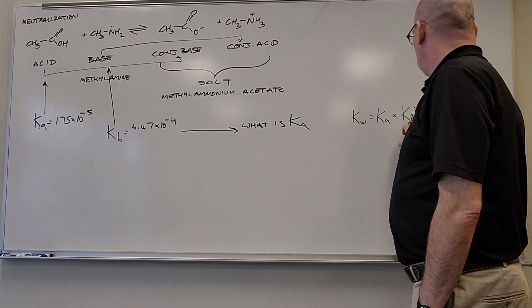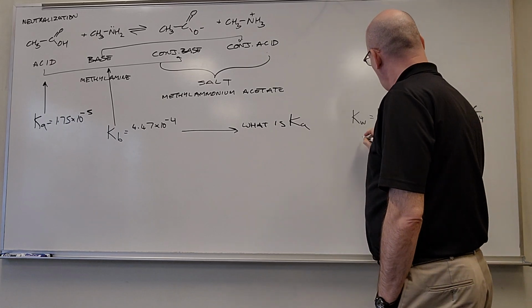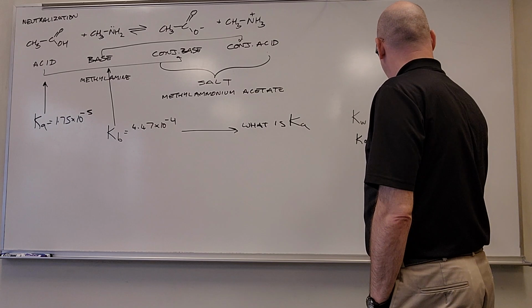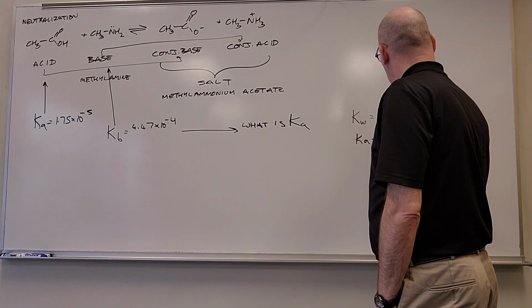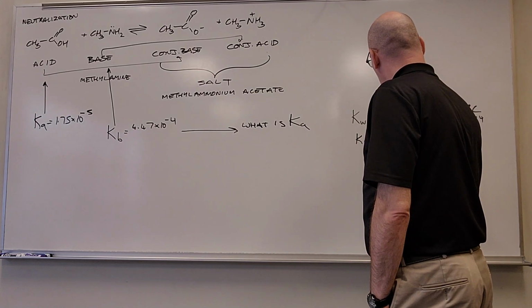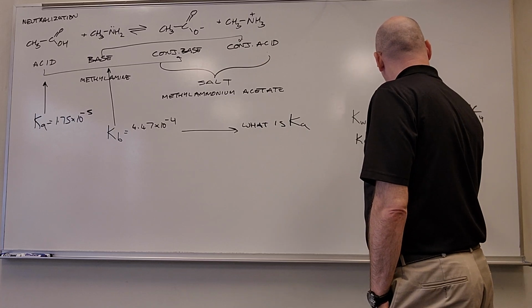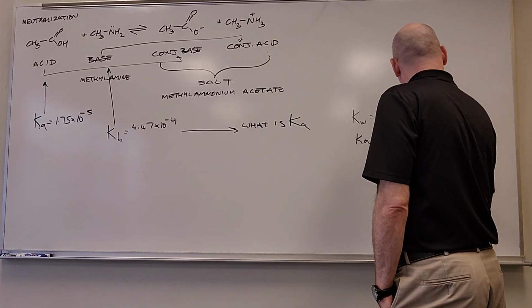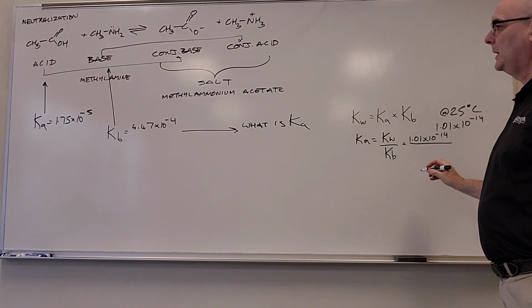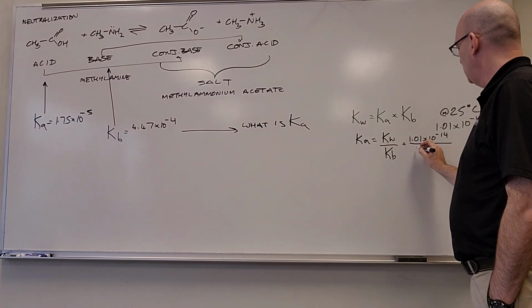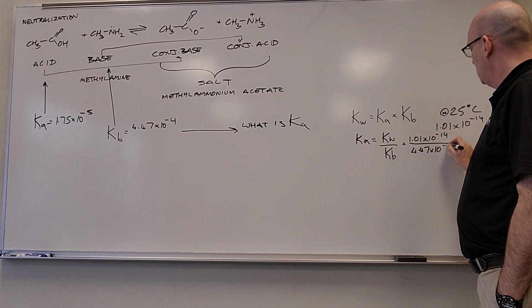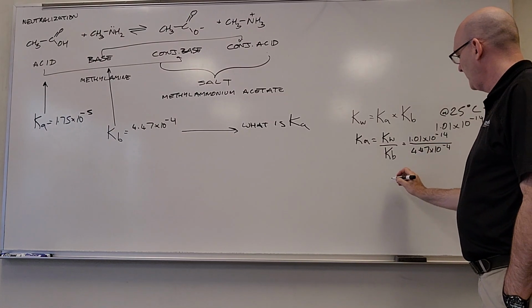Kw is Ka times Kb, therefore Ka is Kw divided by Kb, which is 1.01 times 10 to the negative 14 divided by our value, 4.4 times 10 to the negative 4.